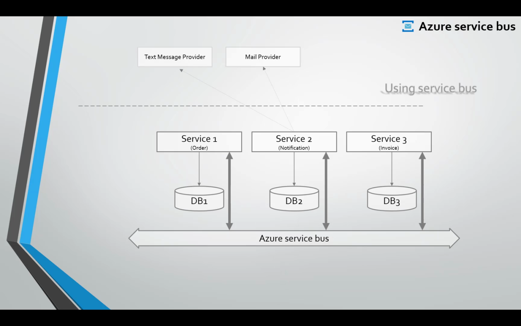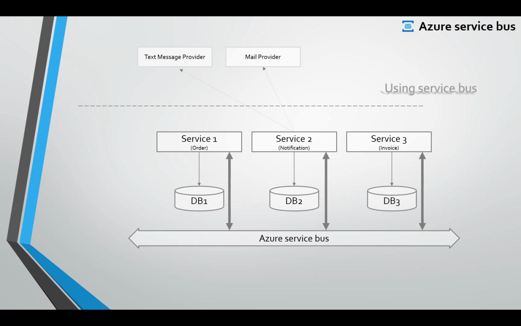Now let's introduce Azure Service Bus into our architecture. Service 1 will continue to receive requests as it does during our peak hours, and for every request that it receives, it saves the order into a local database and publishes a message to Azure Service Bus.